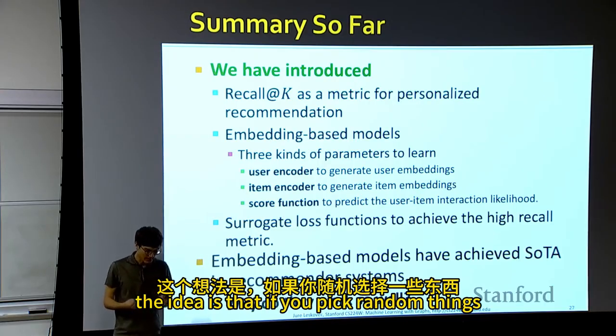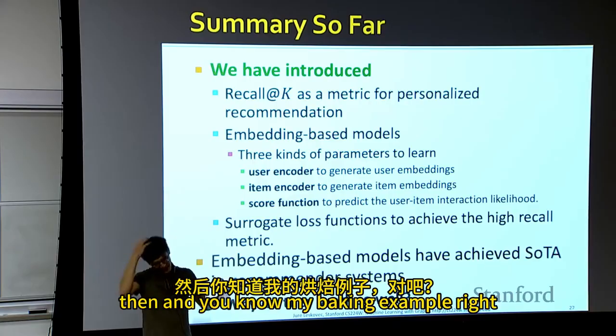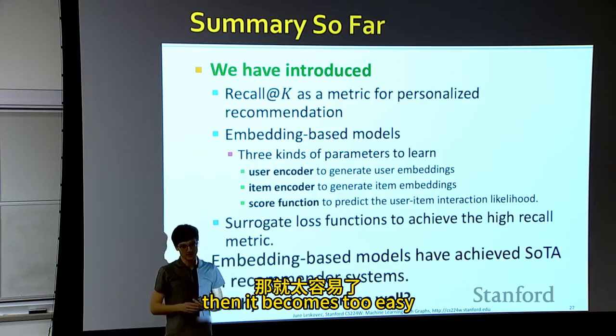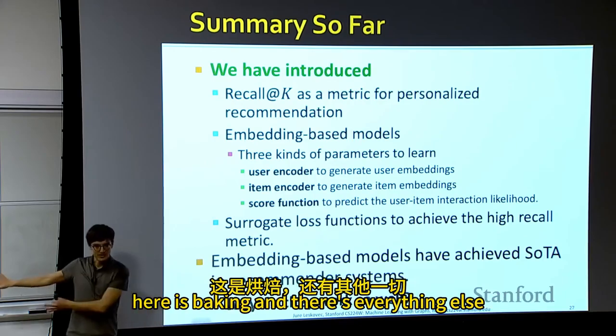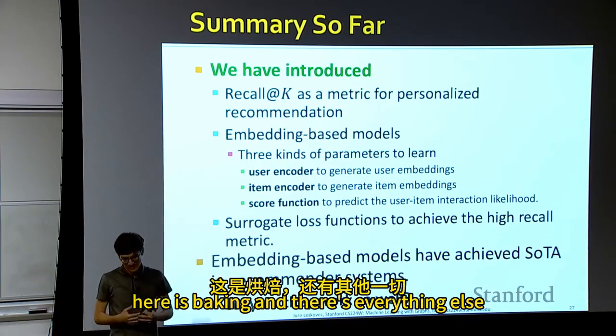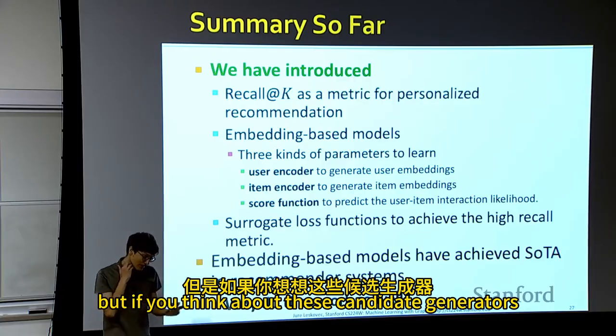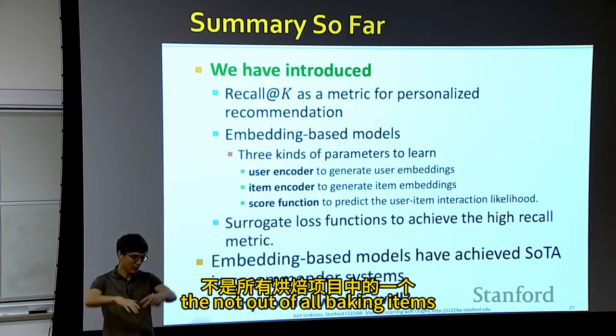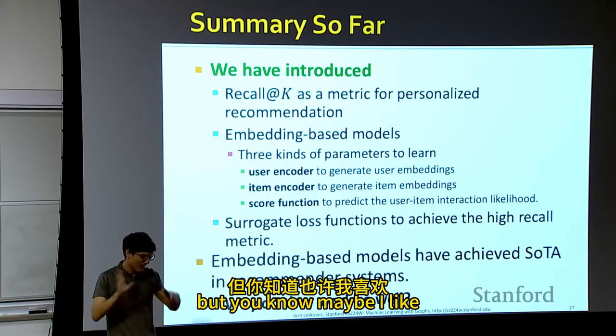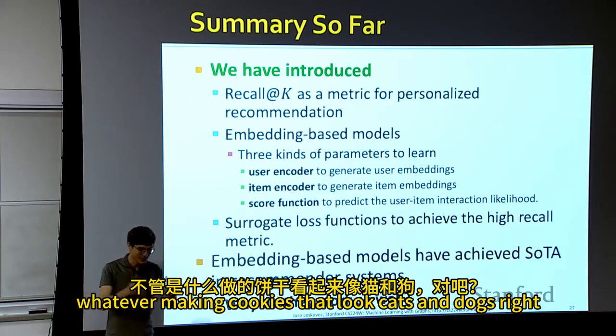If you pick random things, and you know my baking example, then it becomes too easy for the model to learn because it's really saying, oh, here is baking and there's everything else. But these candidate generators really need to pick not out of all baking items, but maybe I like making cookies that look like cats and dogs.